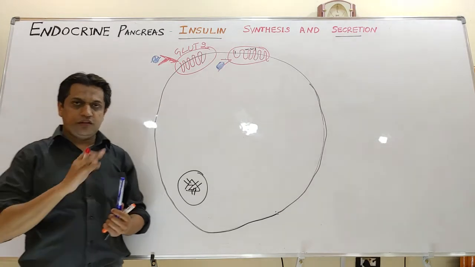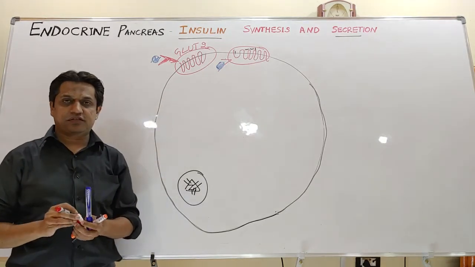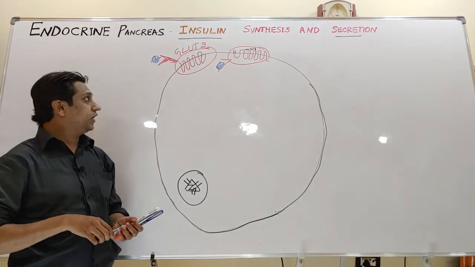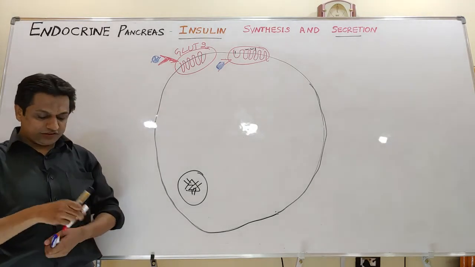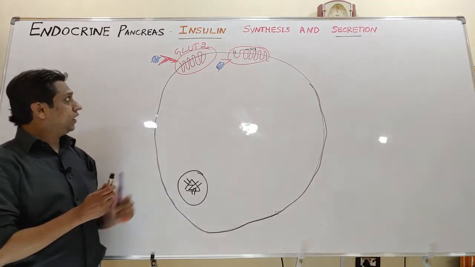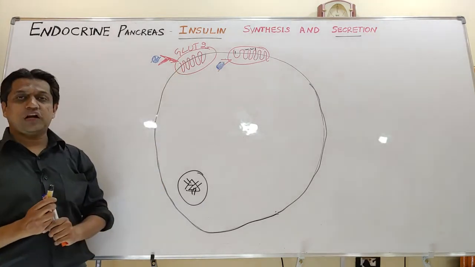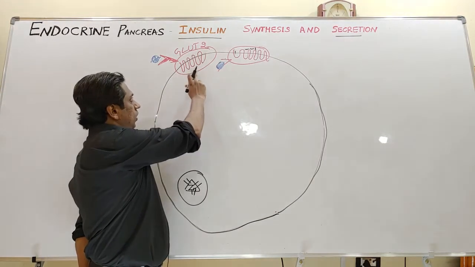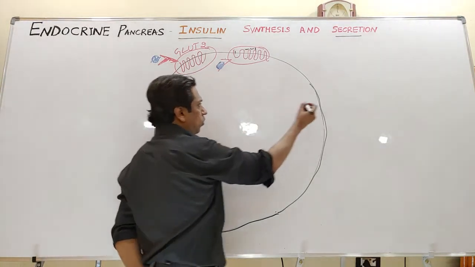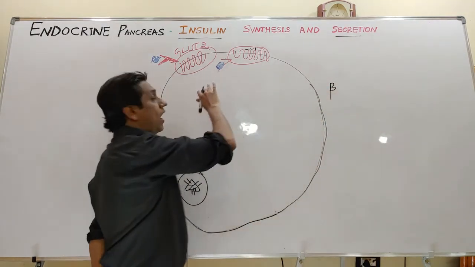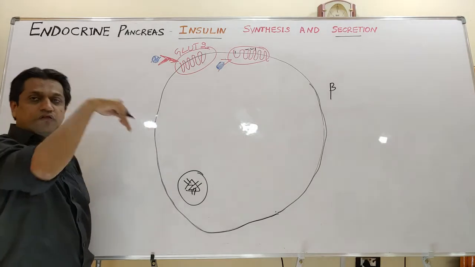A series of chemical reactions takes place in the beta cell when the glucose enters. Before that, I would like to say where the glucose transporters GLUT2 are situated. Apart from the beta cells, GLUT2 is insulin independent, which means it does not require insulin for the entry of glucose into a cell.